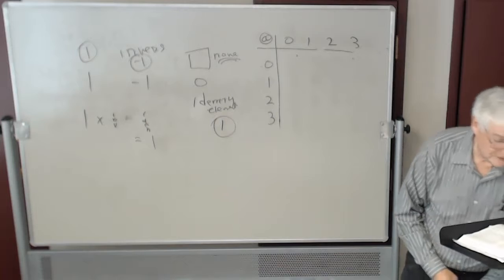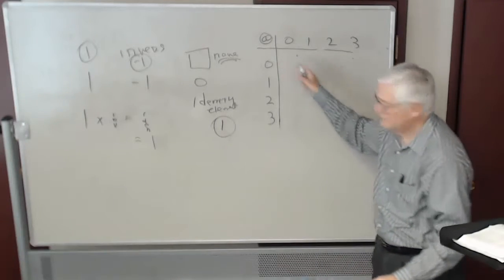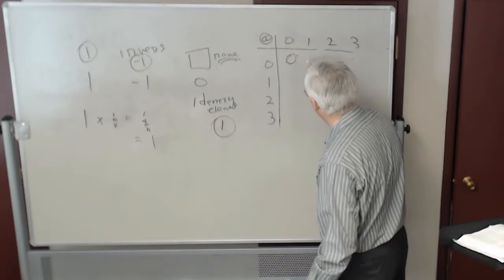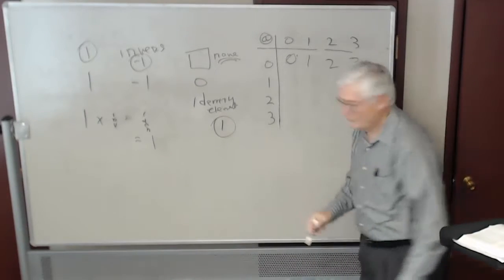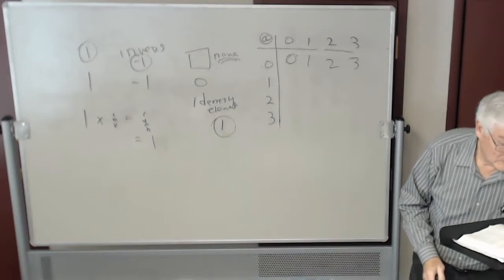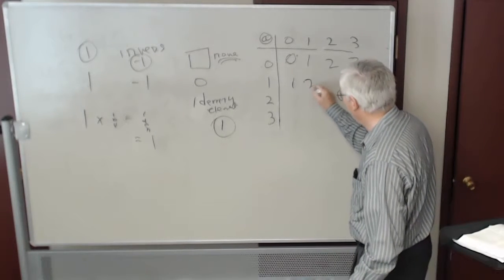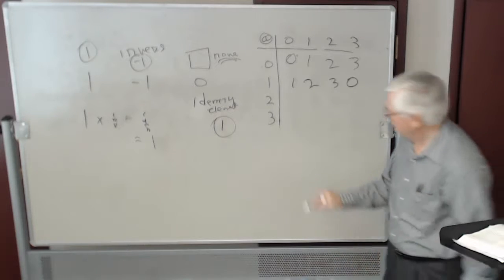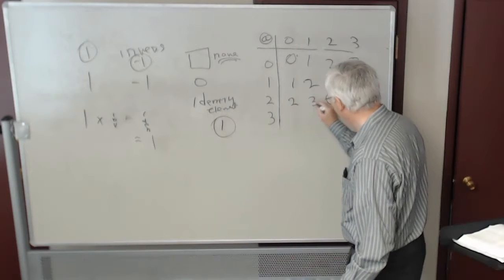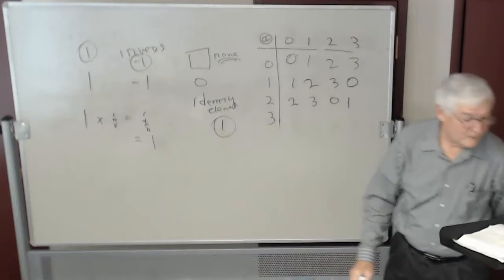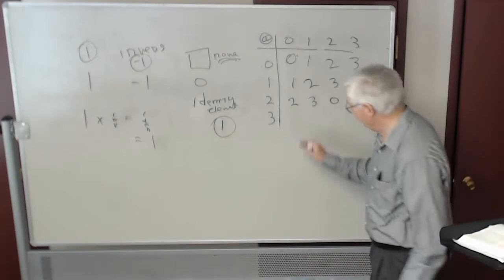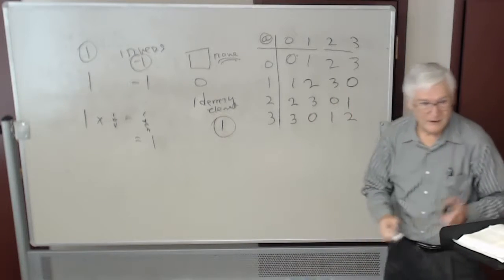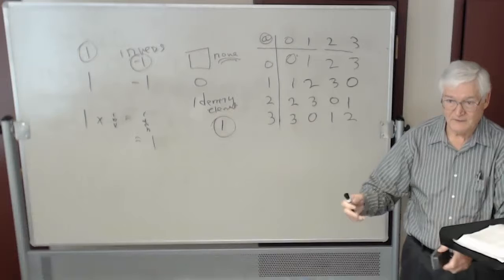Oh, they give all the answers, don't they? What are the answers for 0? 0, 1, 2, 3. What about for 1? 1, 2, 3, 0. What about for 2? 2, 3, 0, 1. What about for 3? 3, 0, 1, 2. Everybody follow me? See what I'm doing? Filling in the chart, making a picture of it.